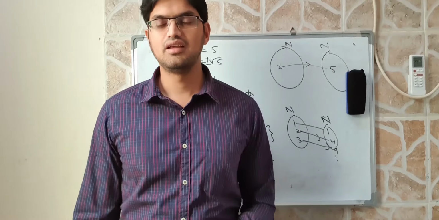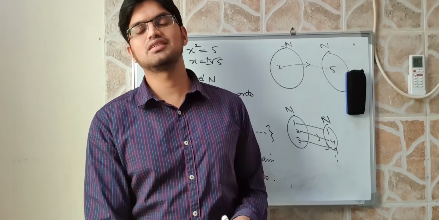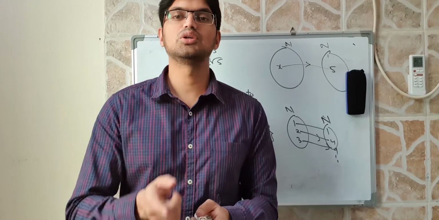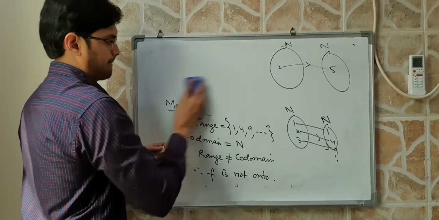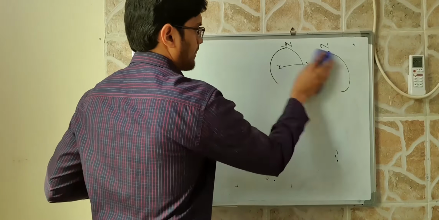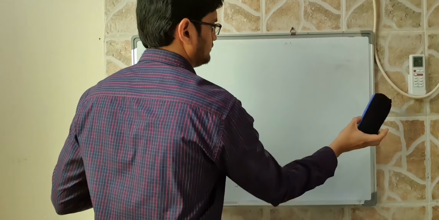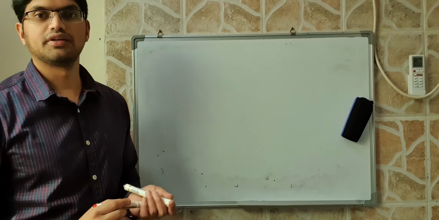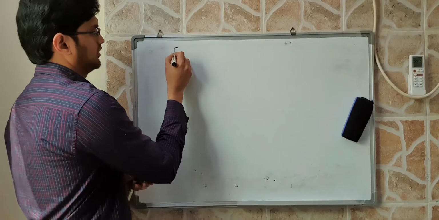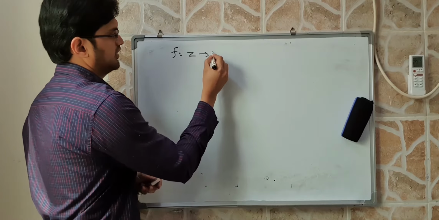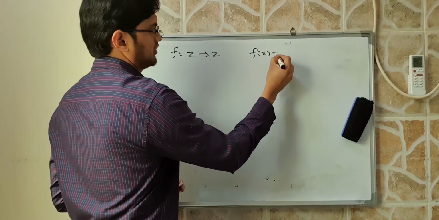Now let us talk about the same function if I change from natural numbers to integers. So now f is a function from Z to Z, and f(x) is defined to be x square.